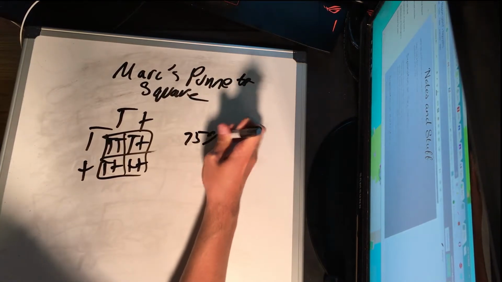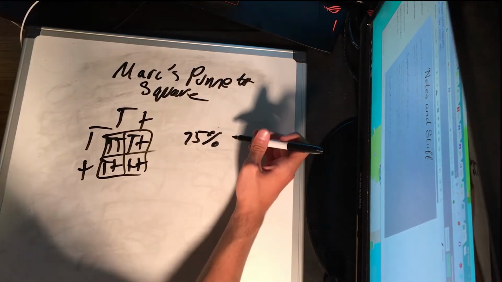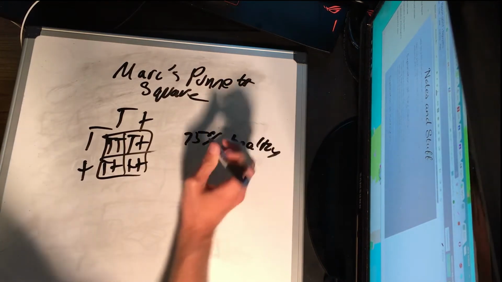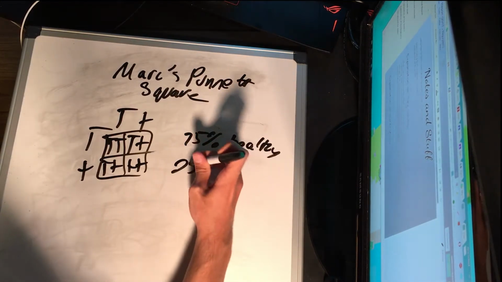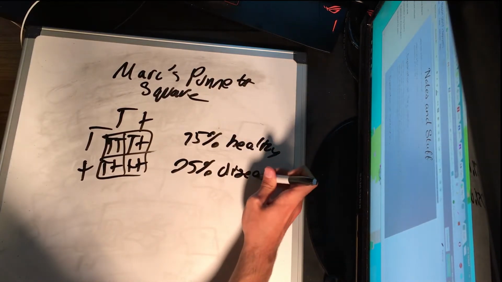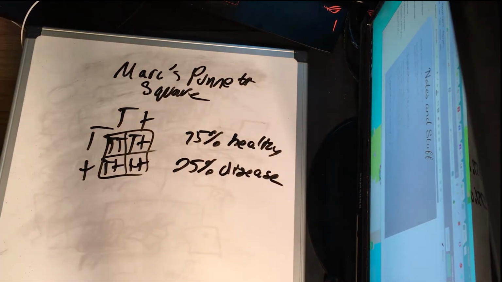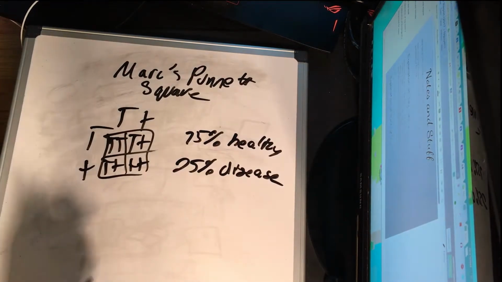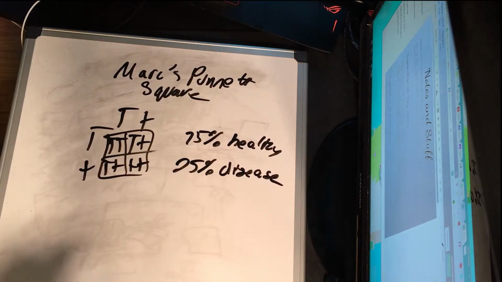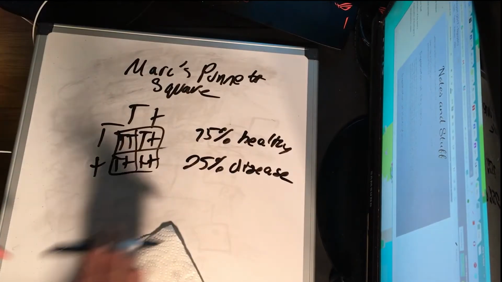So 75% of the time he's going to be healthy, because all he needs is one dominant to be healthy, and 25% of the time he's going to have the disease. So he already knows that he is healthy because he has not died at an early age, which is what Tay-Sachs does to you. It's pretty much always lethal, so we know that he's healthy.